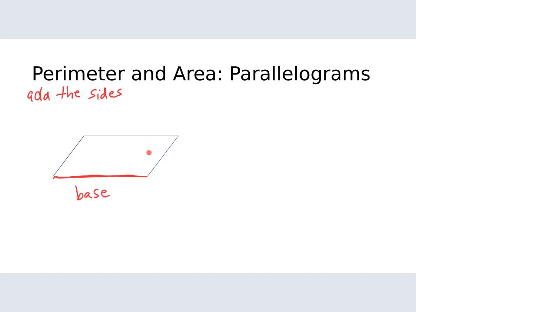And then this vertical part here, it's not one of the sides of the parallelogram, but that's what we need to find the area. We're going to call that the height. So when we go to find the area of a parallelogram, what we're going to do is base multiplied by height.